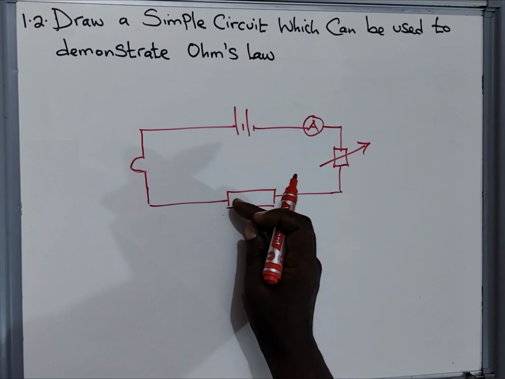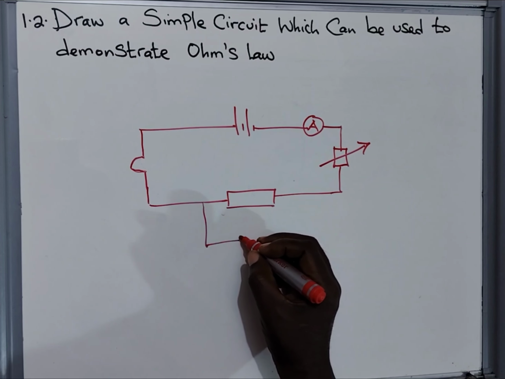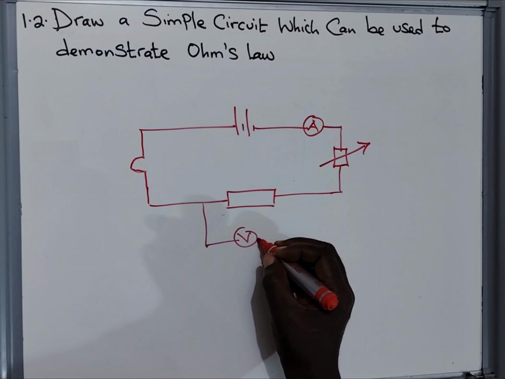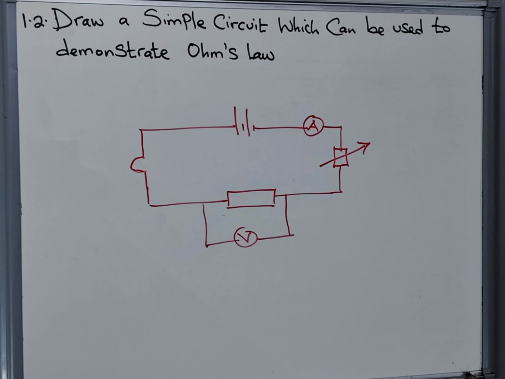Then if this is the resistor under investigation, we can have our voltmeter connected across it so that we can get the potential difference across it. So this is the simple circuit we can use to demonstrate Ohm's law.